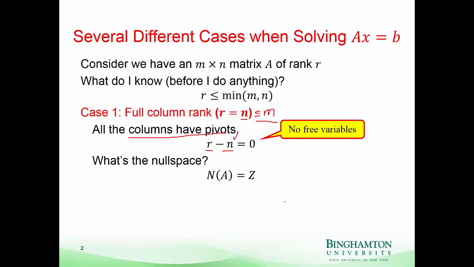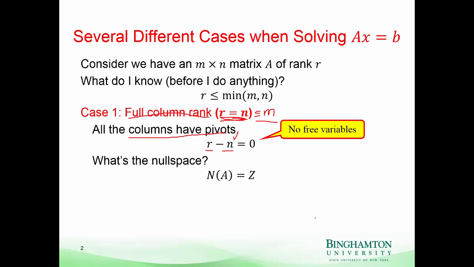What's the null space? Well, for such a matrix, you can find that the null space will only contain the zero vector. So let's think about that for a second. Full column rank equals r. So all of the columns are linearly independent. That's what that's saying.